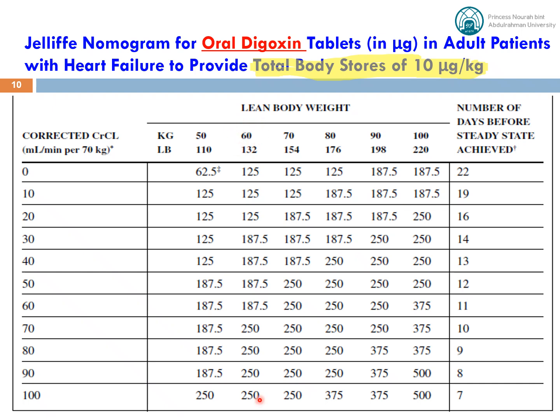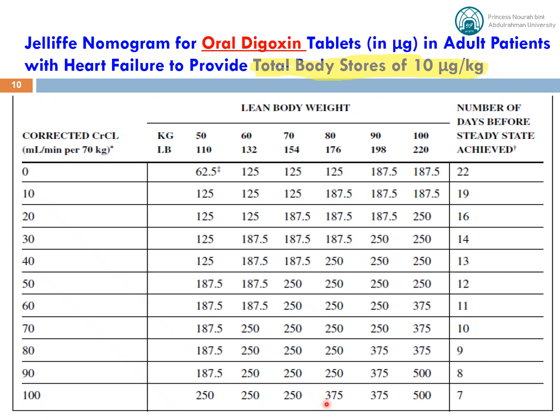I think it's clear. Now, if the patient is smaller body weight, 60 kilogram, still 250 microgram oral dose of digoxin. If the patient is 50 kilogram body weight, also 250 microgram tablet oral digoxin to provide what? To provide 10 microgram per kilogram total body store per day.